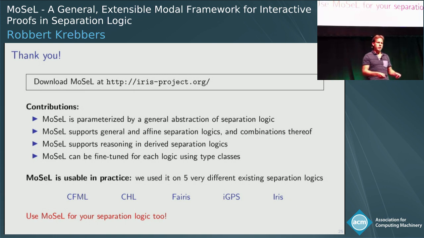All of the MoSeL tactics are proven sound with respect to the BI axioms and with respect to whatever information is in all of these type classes. So whenever you have a MoSeL proof, that really implies that you have a separation logic entailment. And whenever you have proven soundness of your separation logic, that really means that it enjoys whatever property your separation logic is guaranteeing. So it really gives end-to-end correctness.